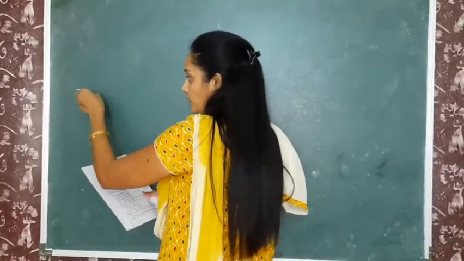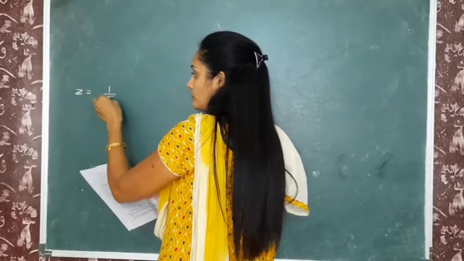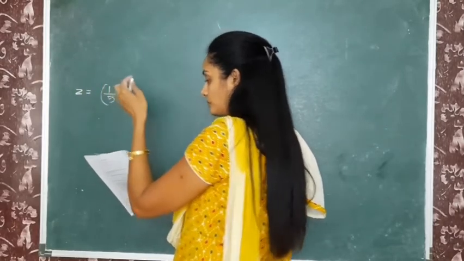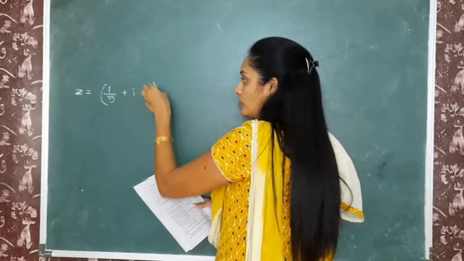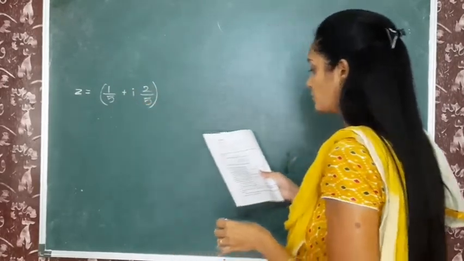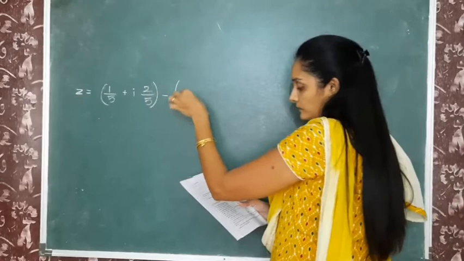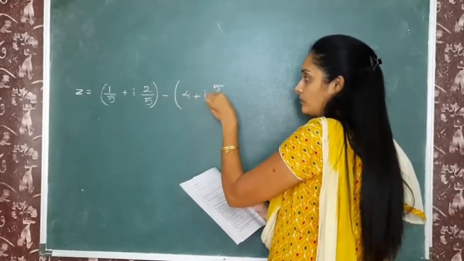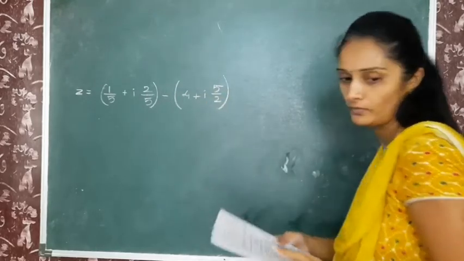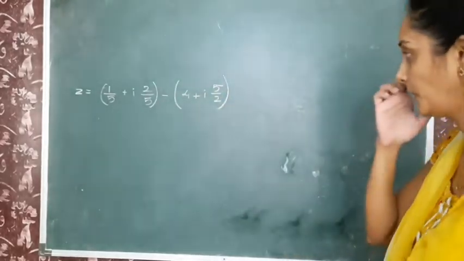z is equal to 1 by 5 plus i into 2 by 5, minus 4, plus 5 by 2 i.